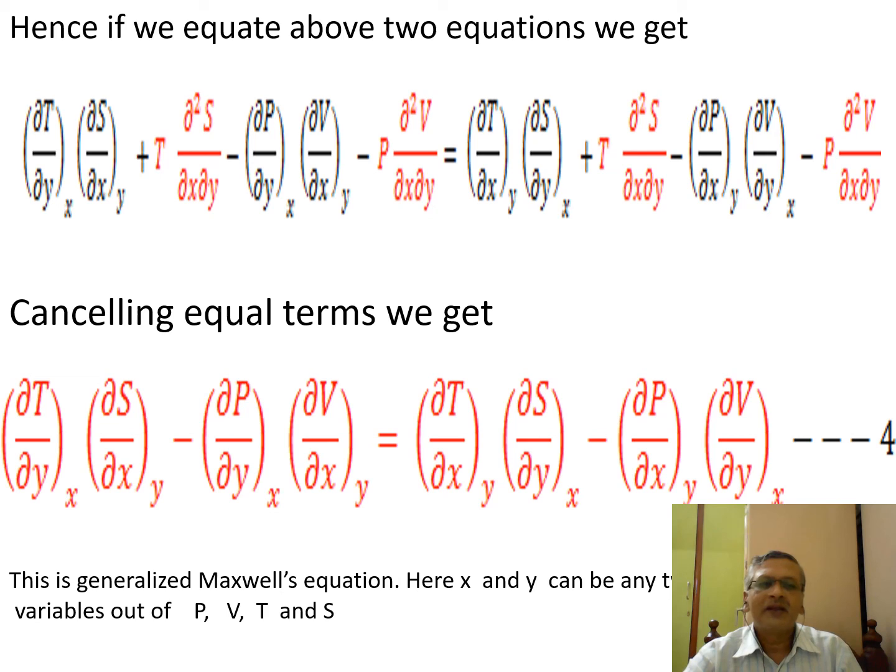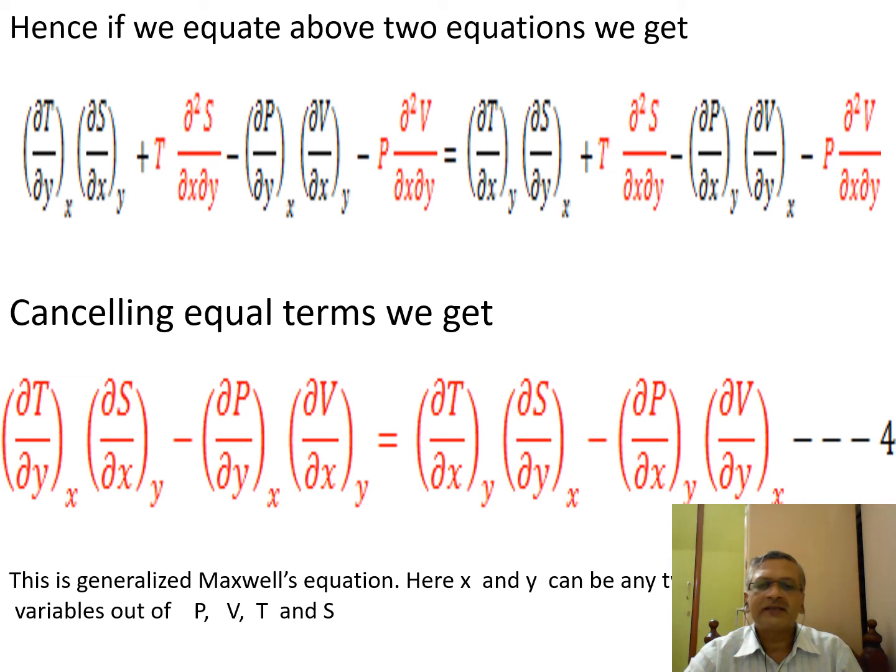We get ∂t/∂y keeping x constant, ∂s/∂x keeping y constant, minus ∂p/∂y keeping x constant into ∂v/∂x keeping y constant, is equal to ∂t/∂x keeping y constant, ∂s/∂y keeping x constant, minus ∂p/∂x keeping y constant into ∂v/∂y keeping x constant. This equation is called the generalized Maxwell's thermodynamical equation.